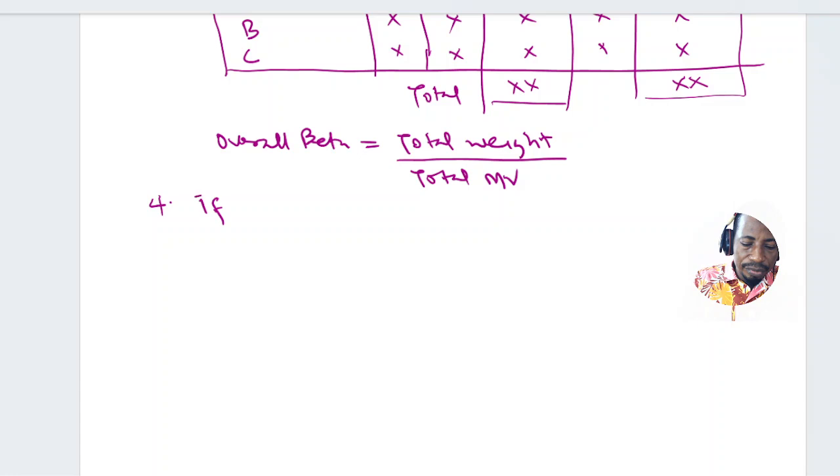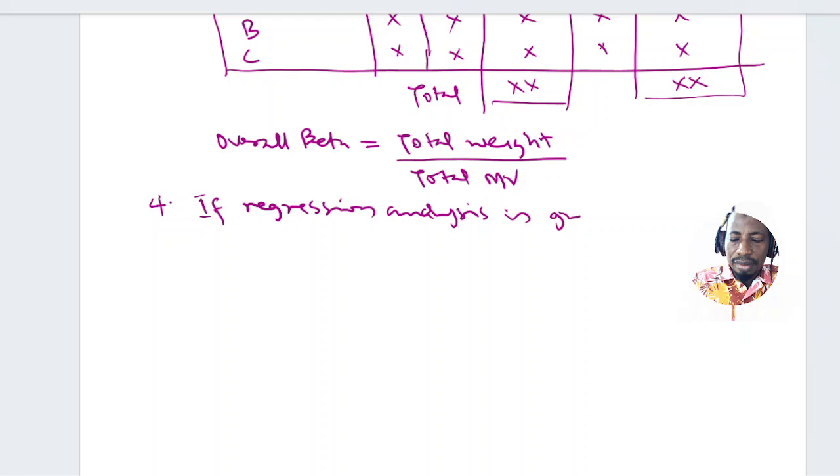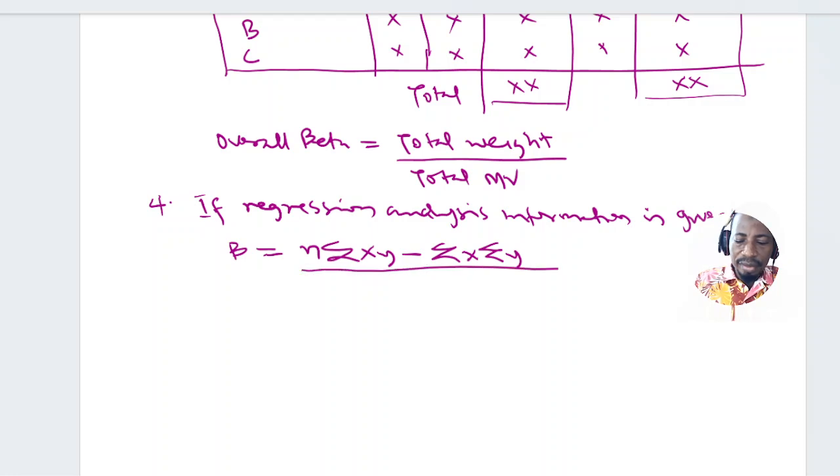So if regression analysis information is given, then in that case, beta value will be computed as n summation xy minus summation x multiplied by summation y, divided by n summation x squared minus summation x all squared.